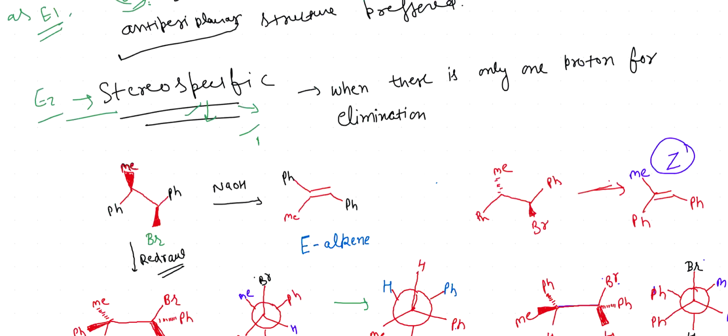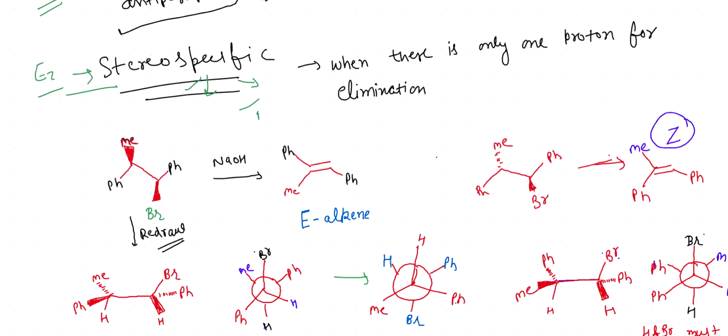Clear? So look at this example in which there are two carbons, 1 and 2. Carbon number 1 bears bromine, phenyl, and the third one is hydrogen. And carbon number 2 is also bearing a methyl group, a phenyl group, and at the wedge is a hydrogen.